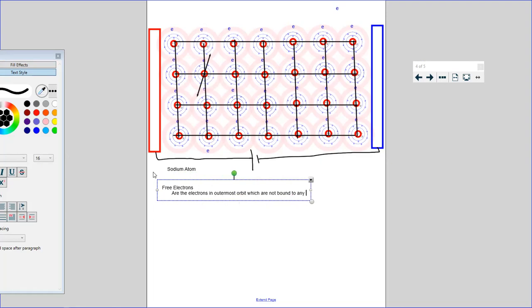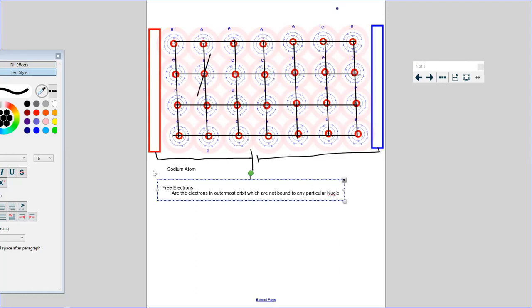So it is really important. They are not the atom electrons which are outside the orbit. They are always in orbits. They are always in the pink region. Pink region is the third orbit. But what's the freedom? They can switch their nucleus. Got it? They are not bound to any particular nucleus.